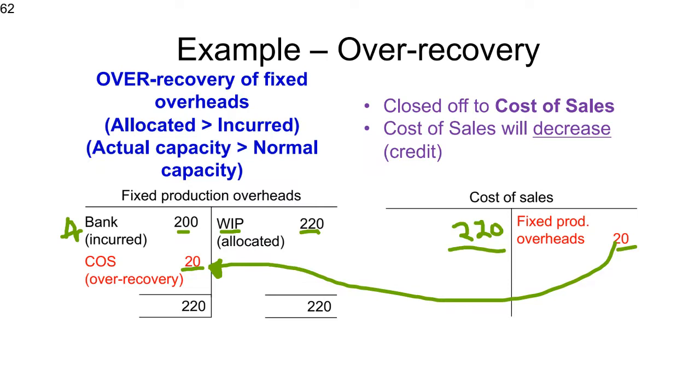We only paid 200. So we're making it seem like we paid 220, but we never paid 220. So we need to decrease it back to the amount that was actually incurred. We decrease it by 20, which brings the total of this account to 200, which equals what was incurred and what we paid via the bank.